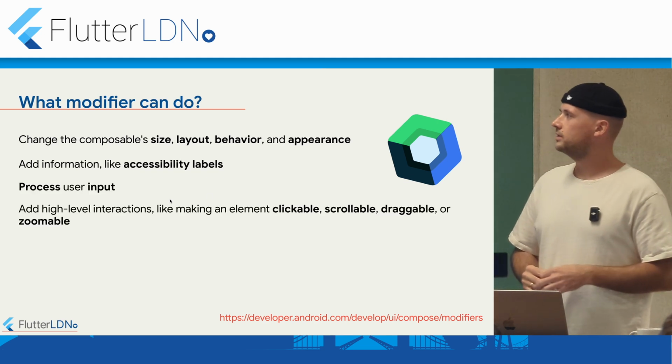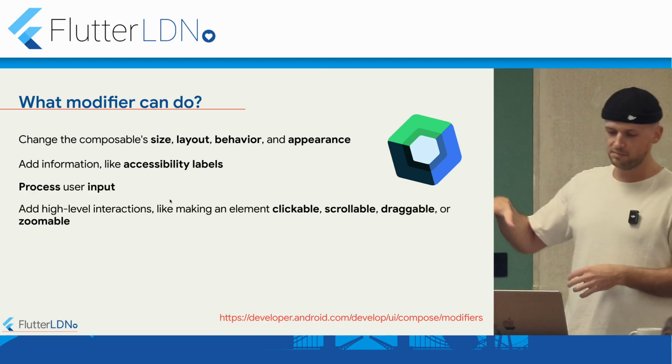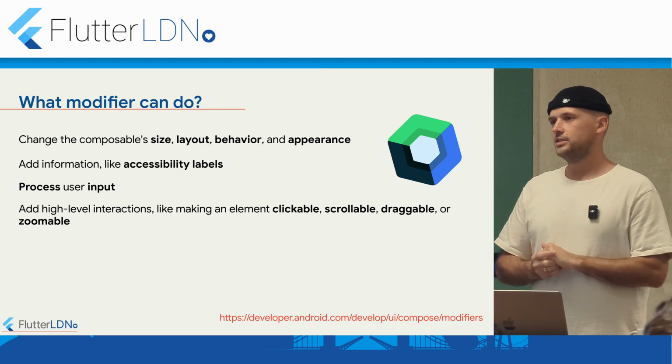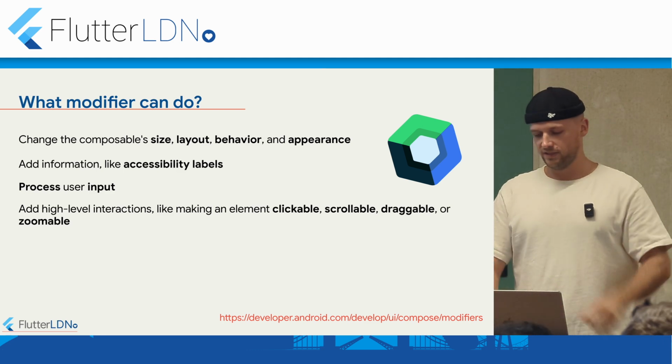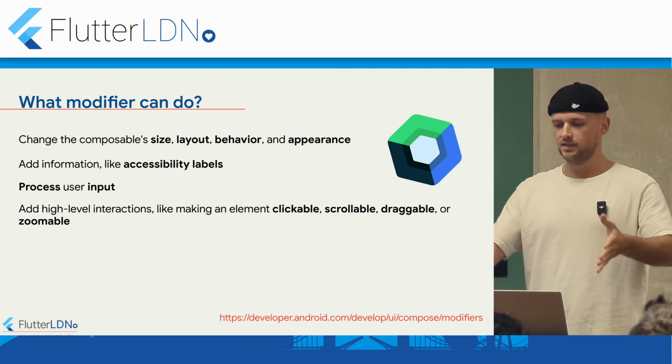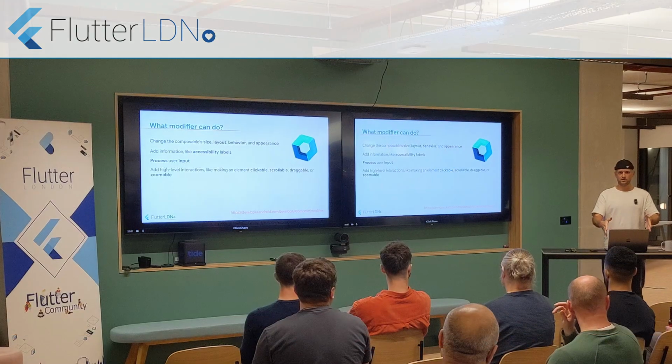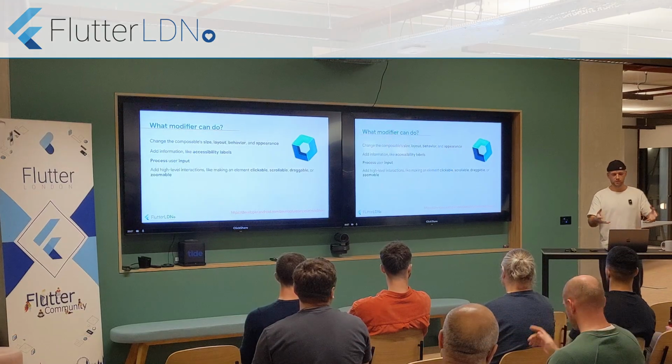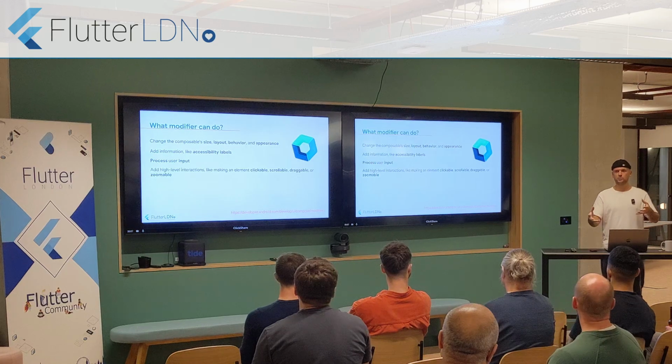It also can process user input and high-level interaction like scrollable, draggable, whatever. Not much, but we can clearly see that we have all the same widgets doing the same, but they are widgets which were supposed not to be visible, just adding some super extra functionality.